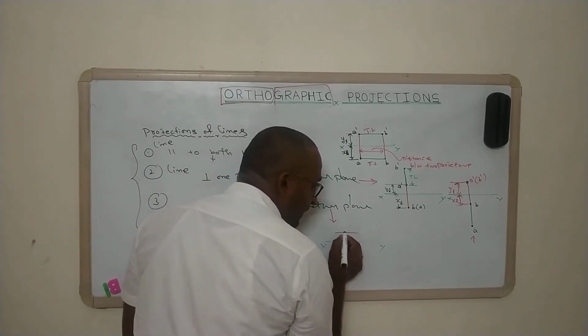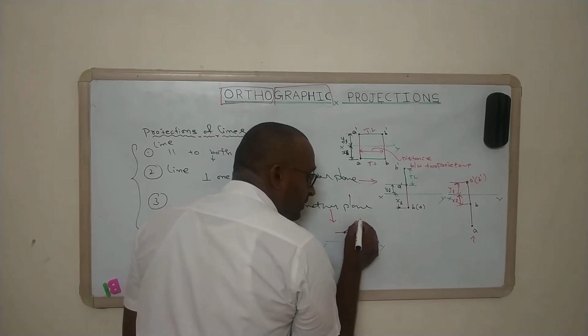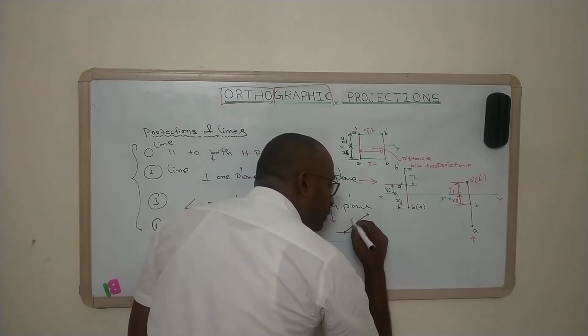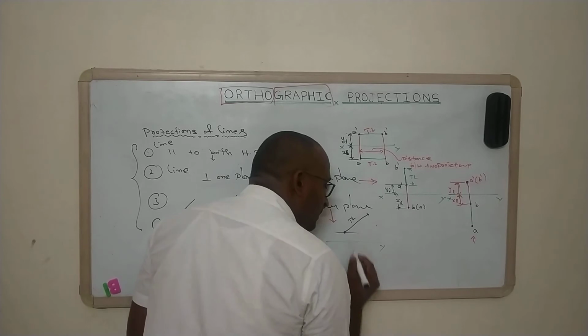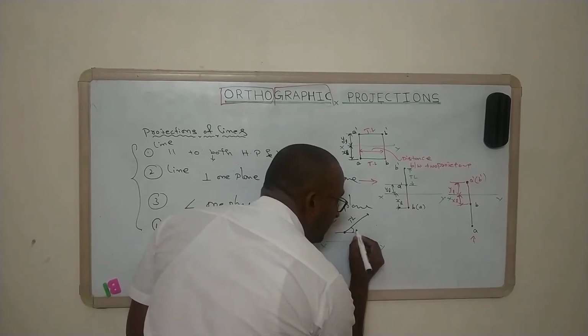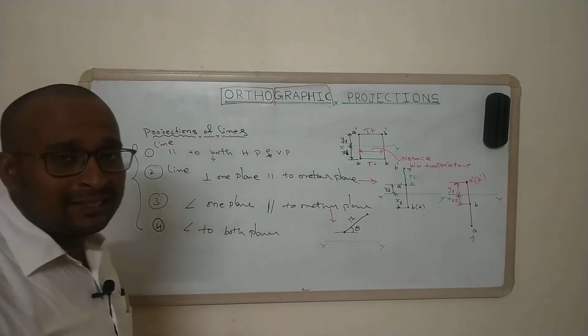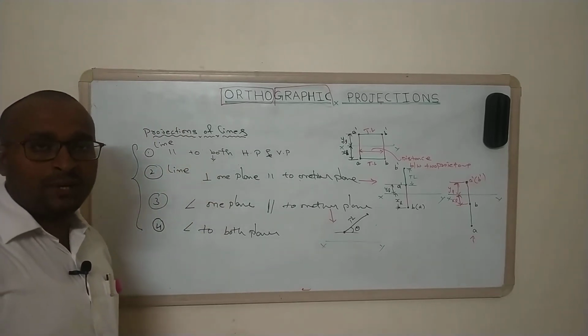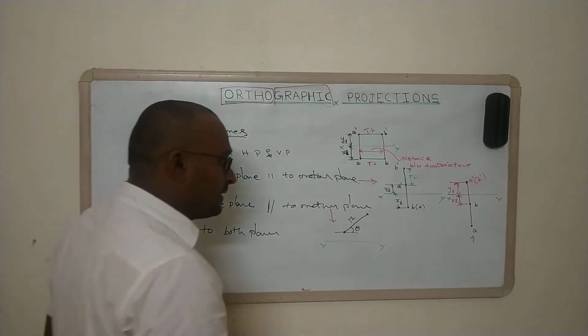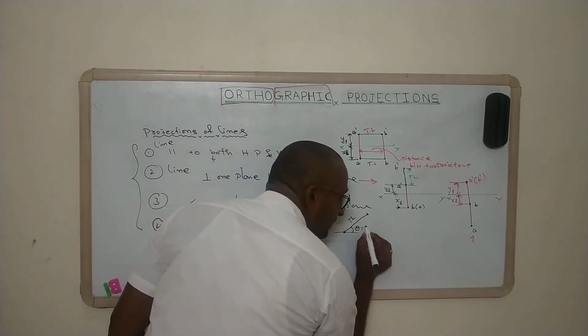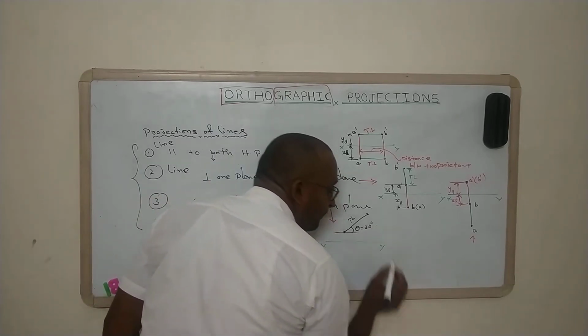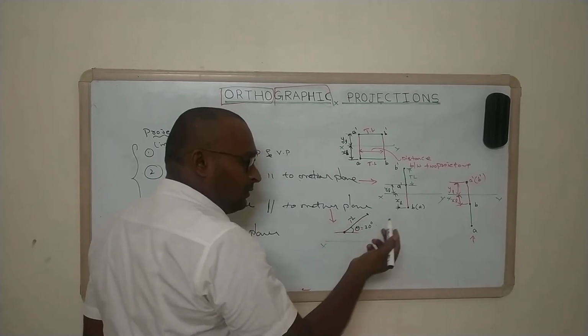Based upon the angle, we must draw the line equal to the true length of the line with the given angle theta. For example, a line is 30 degrees inclined to HP and parallel to VP, so theta is equal to 30 degrees. The true length is equal to the line length.